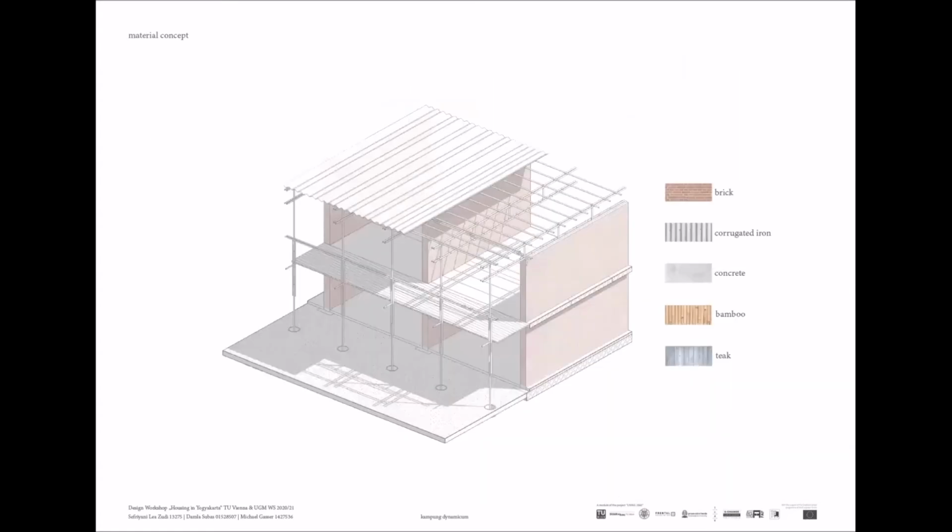Yes, and then a quick material concept. We use simple materials, materials which are also used right now at the moment, and cheap materials. So for walls we use bricks.